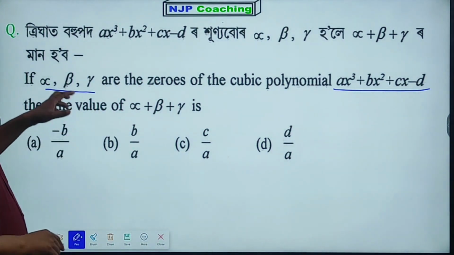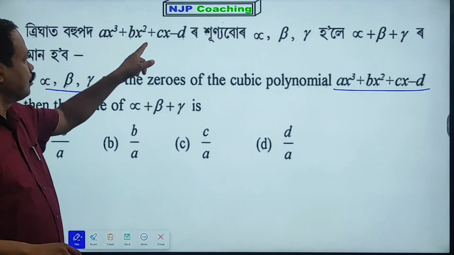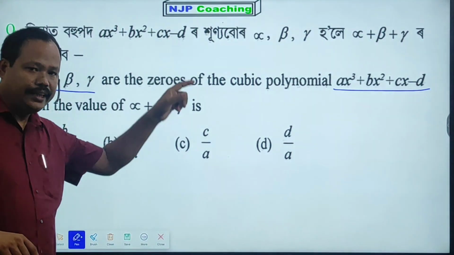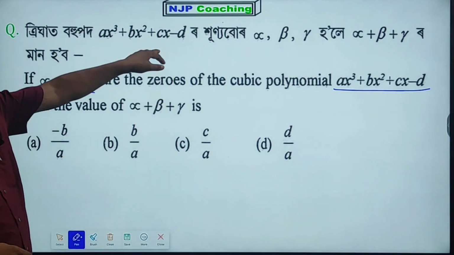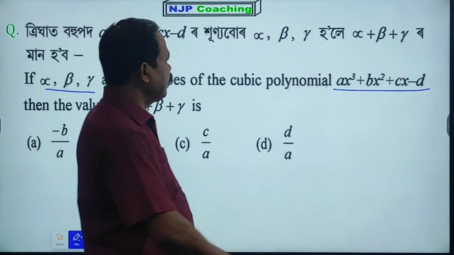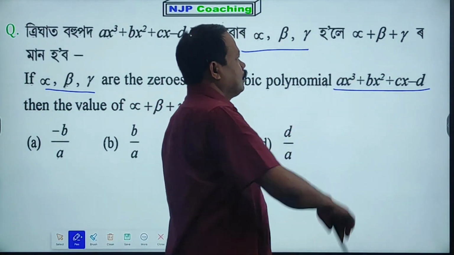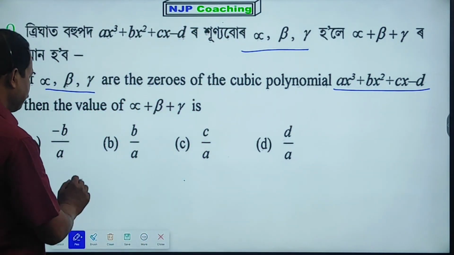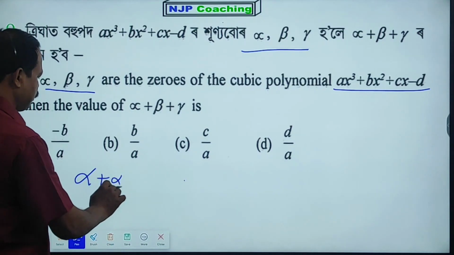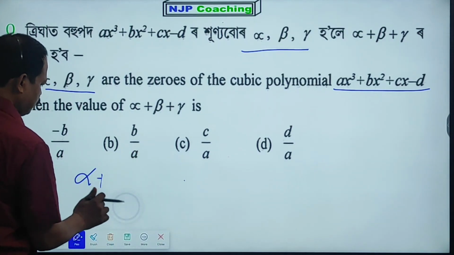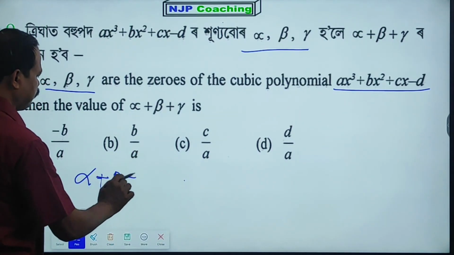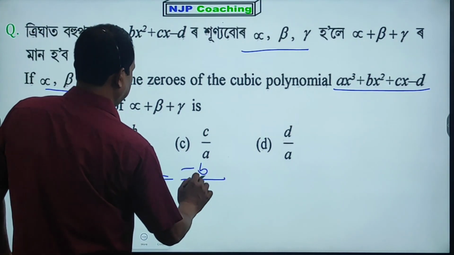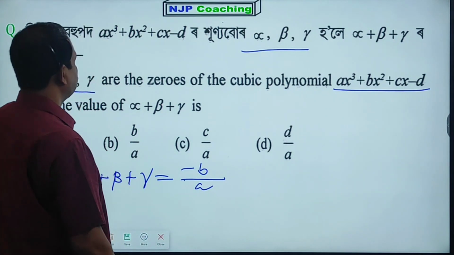The standard form of a cubic polynomial is ax cube plus bx square plus cx plus d. Here minus d is given, and zeros are alpha, beta, gamma. The alpha plus beta plus gamma, sum of the zeros, is minus b by a.